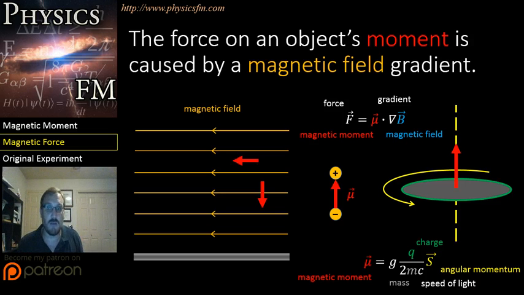The magnetic moment of an object will try to align with the magnetic field. It won't be pushed along it. That's how a compass needle works, right? A compass needle will always try to align with that magnetic field, and it doesn't matter which way it originally started. It's going to want to rotate along the direction of the magnetic field.